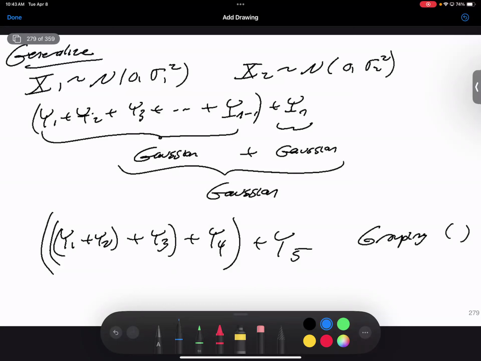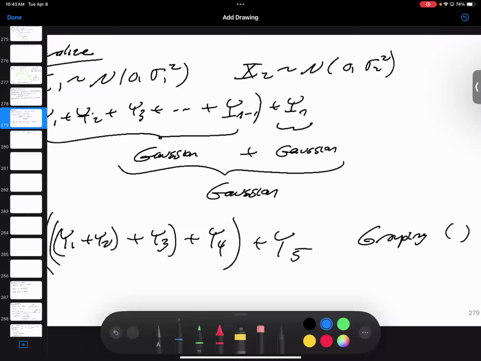I can't just assume that the variance is 1, because when I do this by induction, I'm going to have n-1 summands here. So I have to do things with general standard deviations or general variance, but I can't assume mean 0. And this is the argument we've seen many times by just grouping. So once you can do it for 2, you can do it for 3, you can do it for 4, you can do it for any finite number. Right? Now we just have to do this.